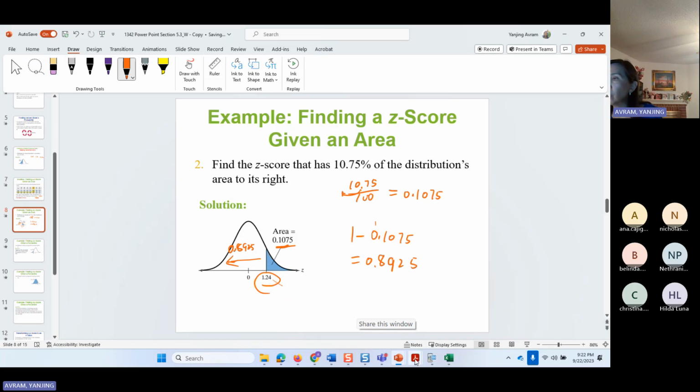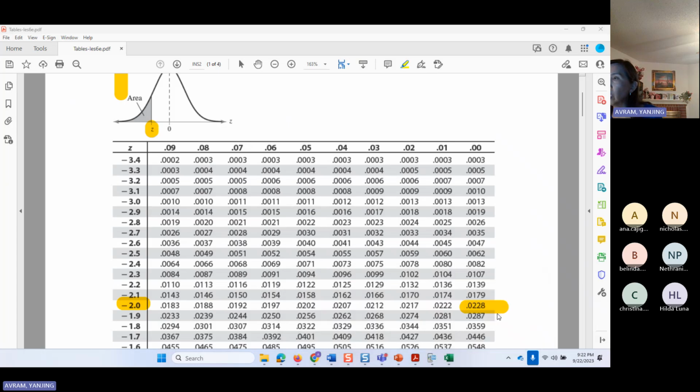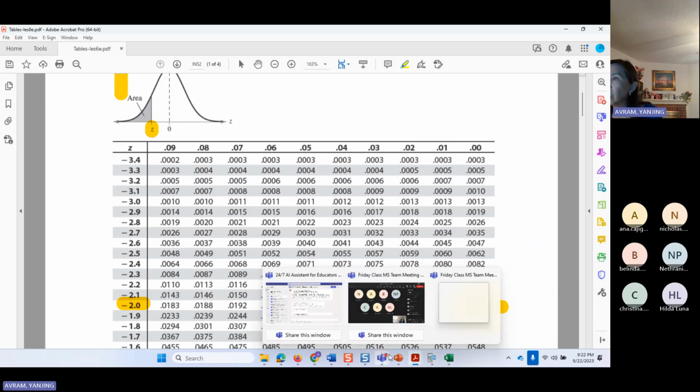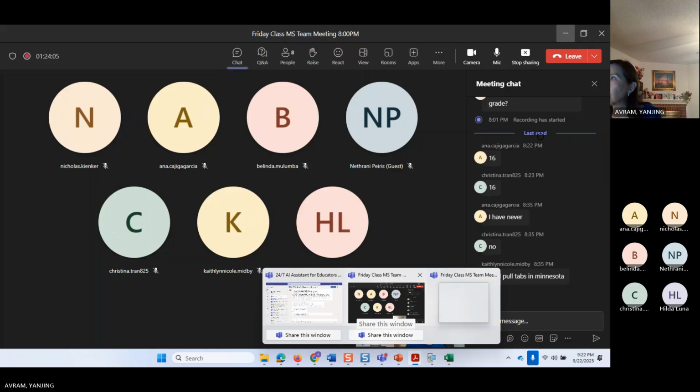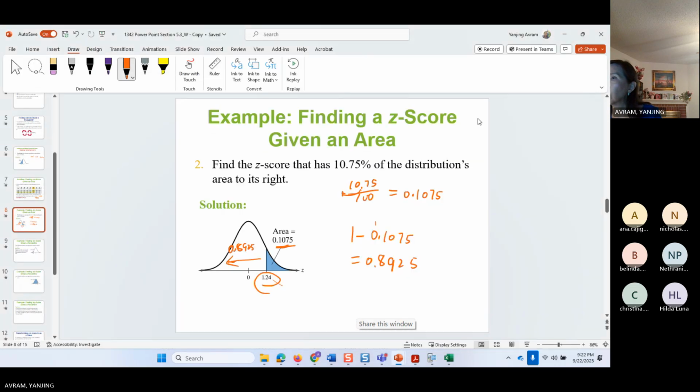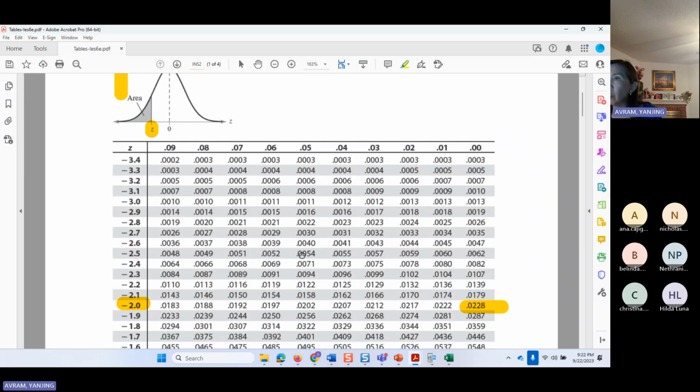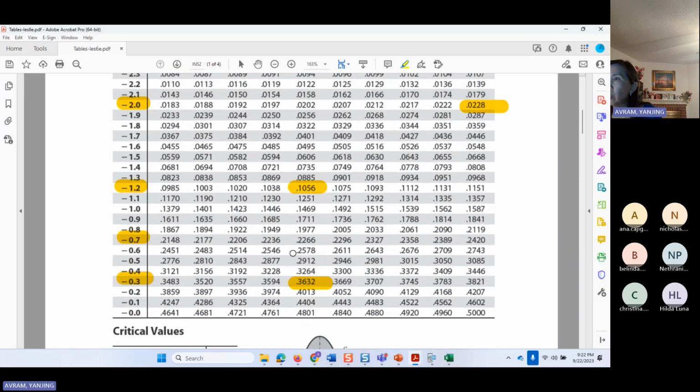So when you use this table, you're going to find 0.8925. Okay, so 8925.